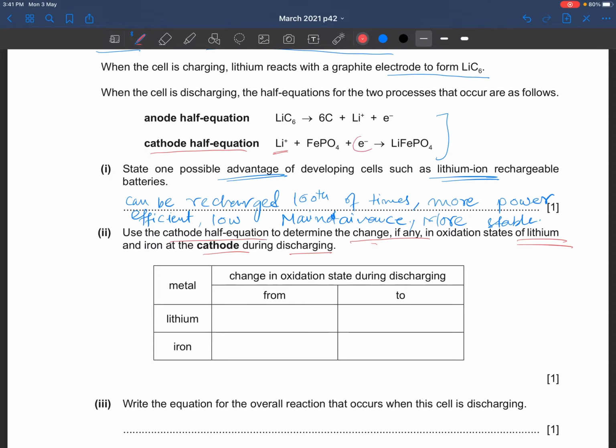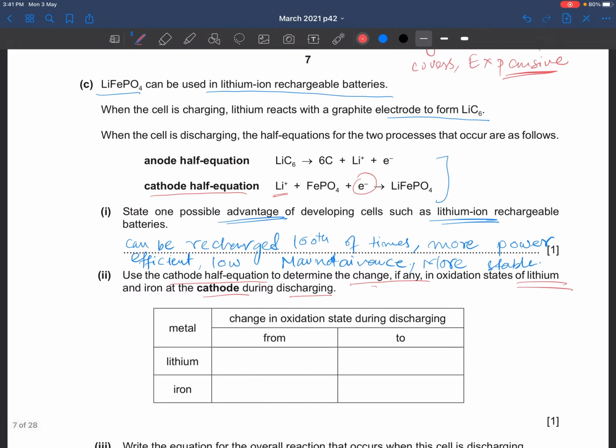Now 1 electron has been gained. If lithium ion gains an electron, it would become Li, neutral, and we have FePO4, which is again neutral. And if both are neutral, there is no way they can form this compound, right?